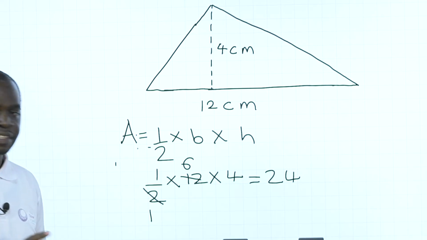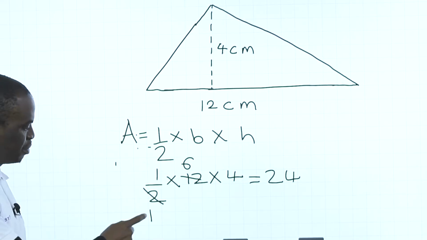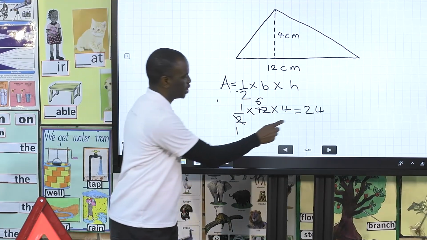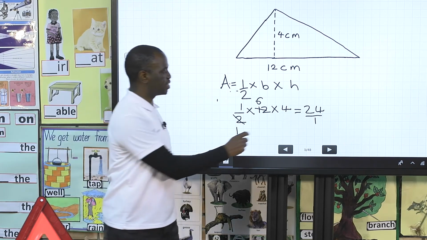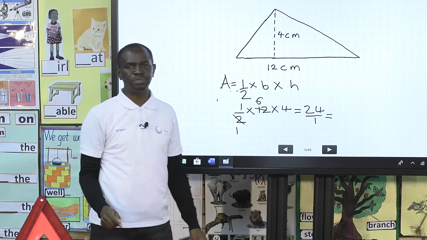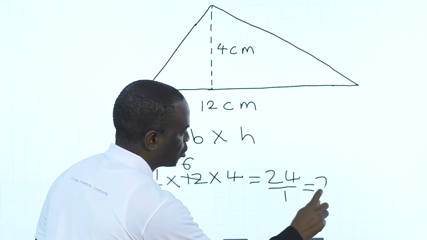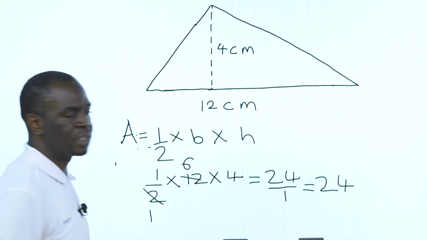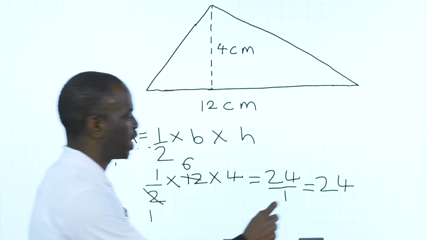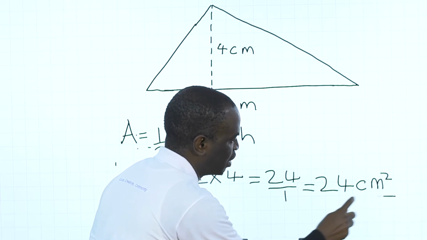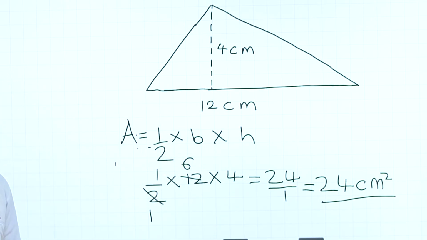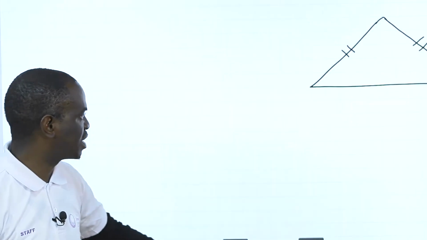And after this, we now have to remember to take the 1 and divide it under 24. So when we divide this, it gives us 1 into 24, it gives us 24. So we write our 24 there, but don't forget, we still have to write the centimeter squared there, and then we underline our answer. So this is very easy for us to practice, and the more we practice, we can actually get more and more answers.